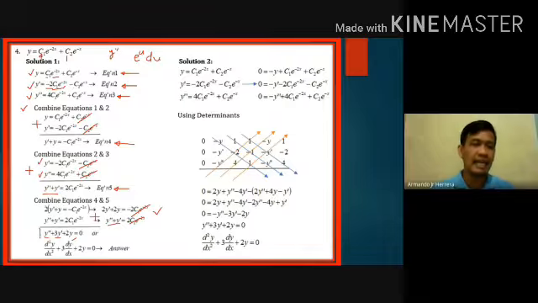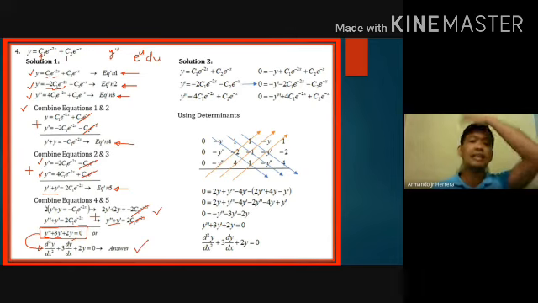So as you can see, nawala na lahat ng arbitrary constants, tapos ang equation natin nagko-contain ng derivative. This is a second order differential equation. So meron na tayong answer.